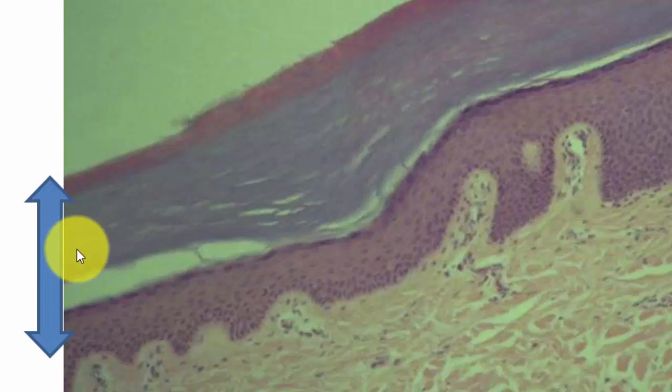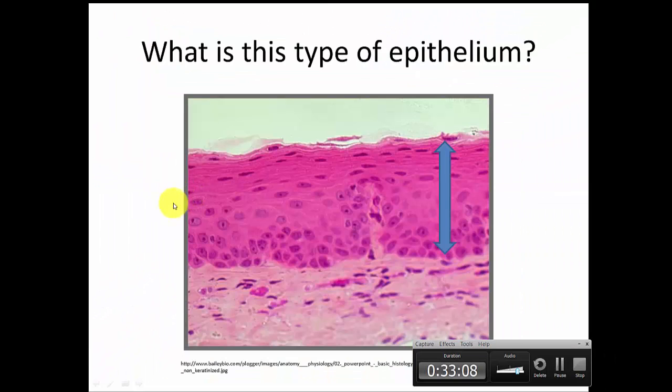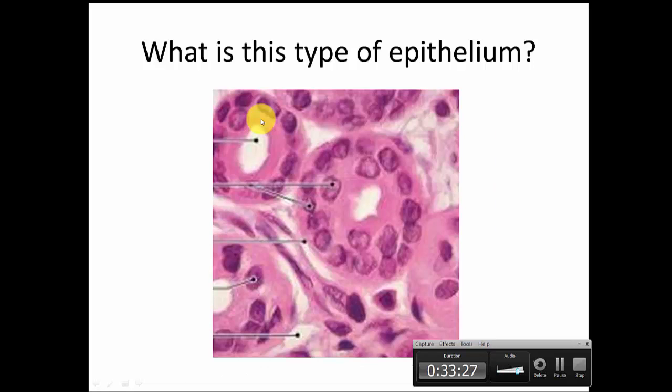So this is the epidermis. So again, the correct answer is keratinized stratified squamous epithelium. How about this one? Well, again, I see nuclei that are rounded. I go to the top, they become flat. I don't see keratin, so this is non-keratinized stratified squamous epithelium.